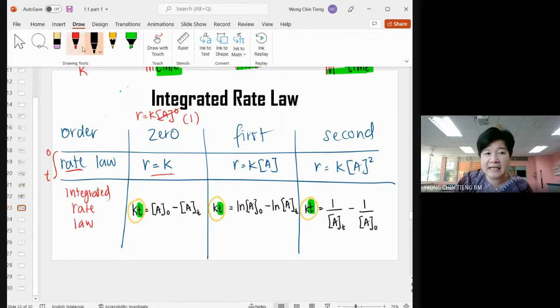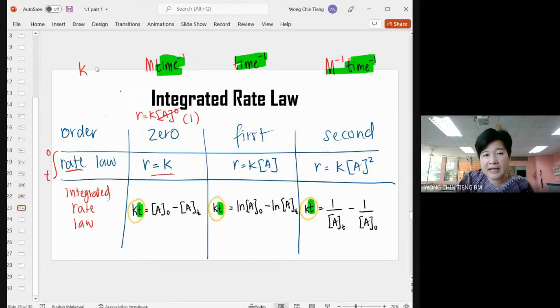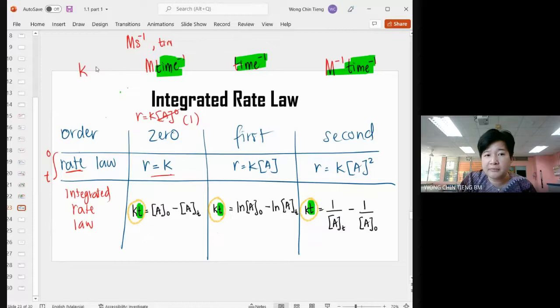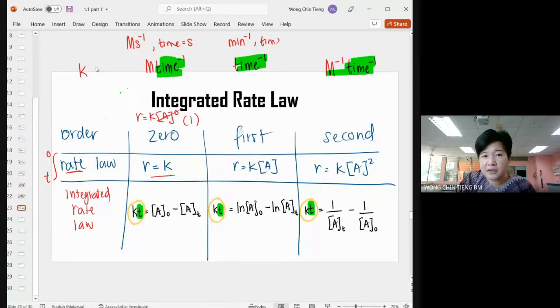Tapi saya nak ingatkan kamu, kalau K kamu bermain dengan masa, unit time kena sama. Contoh kalau kat sini adalah MS negative 1, which mean your time must be in second. Kalau kat sini adalah minute negative 1, bermakna your time mesti kena in minute.